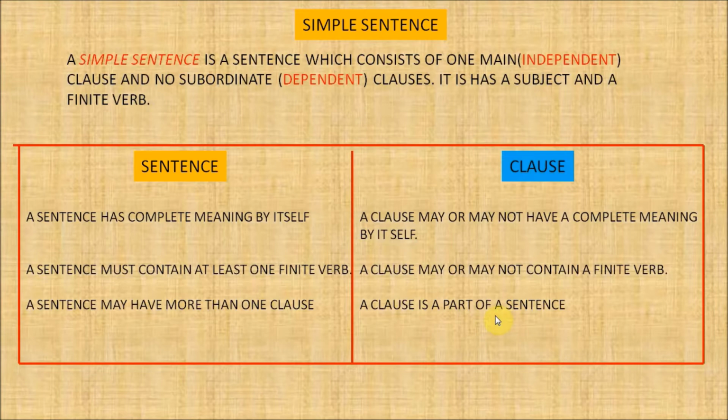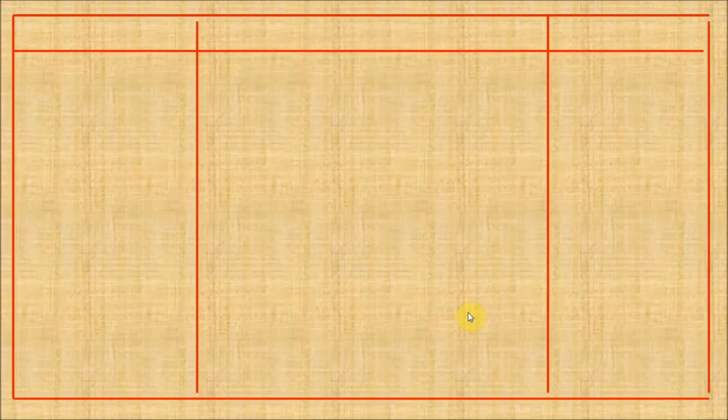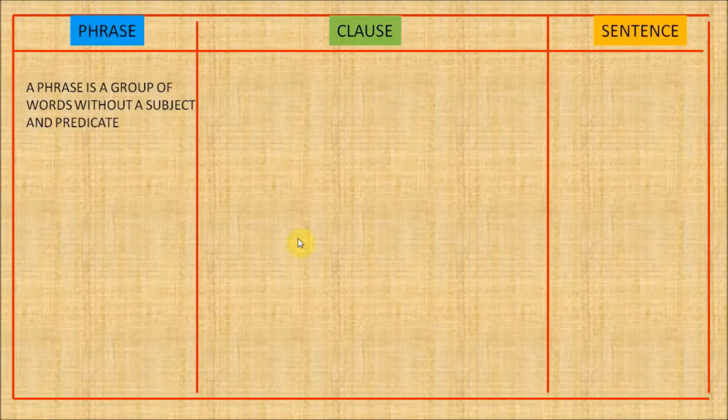Now let's look at another table to recapitulate a few things about phrases, clauses, and sentences. Phrase. A phrase is a group of words without a subject and predicate. So what is a phrase? A phrase is a group of words without a subject and predicate.